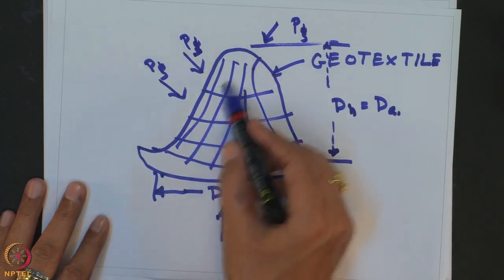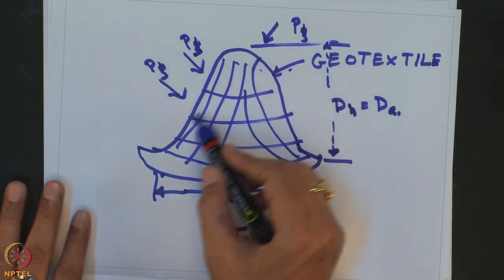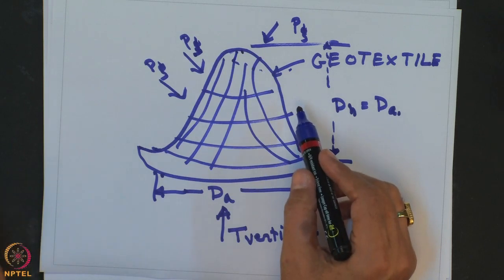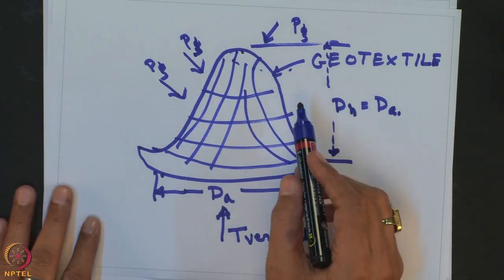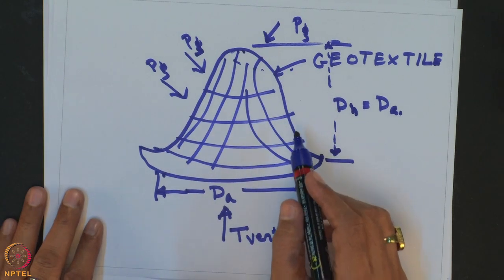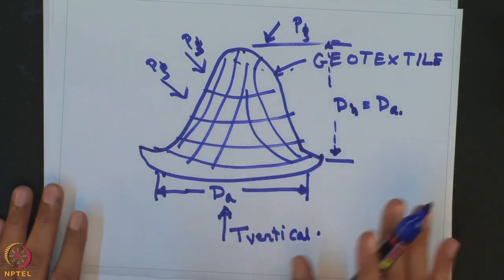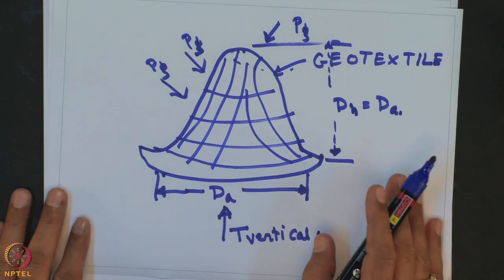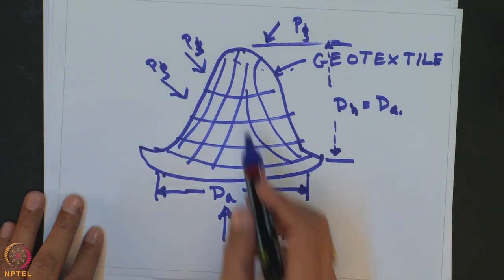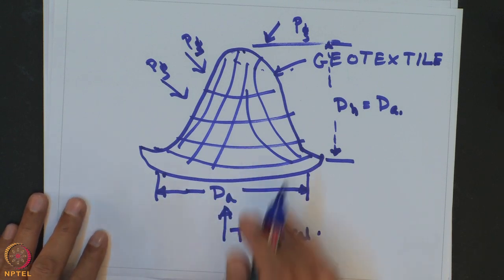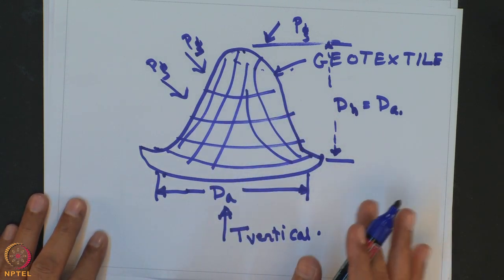So, geotextile may puncture due to the presence of any sharp stone or root during the backfilling of soil, compaction by roller or the traffic load. What is the vertical force exerted on the geotextile that we want to determine?